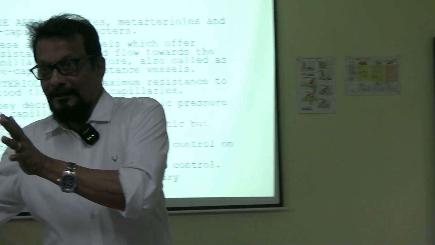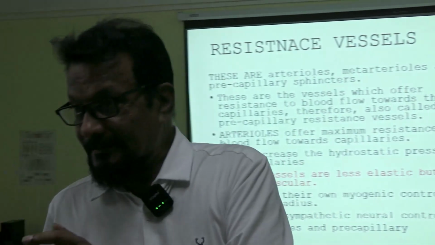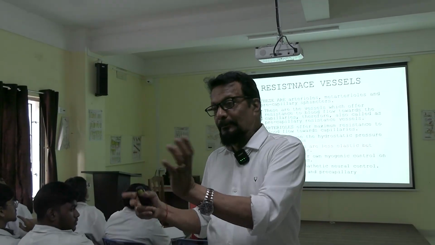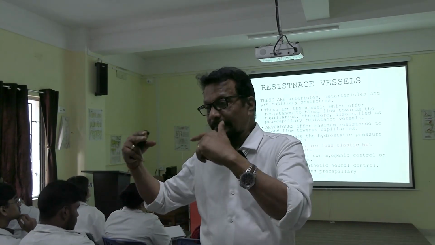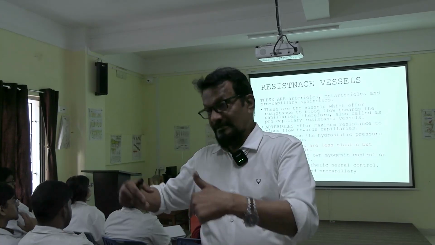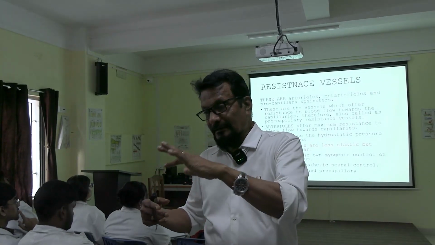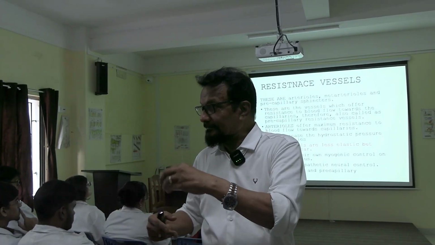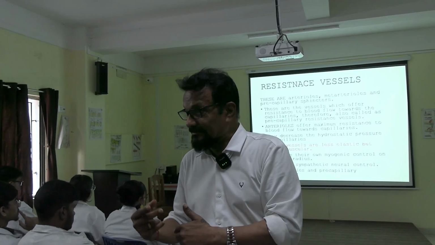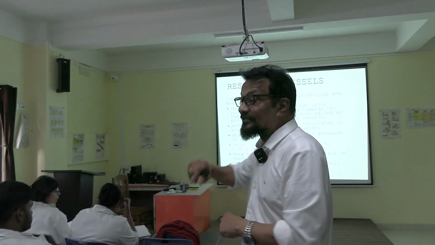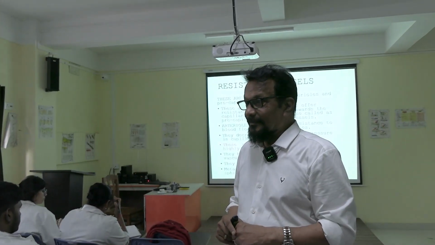After the aorta, the branches of the artery will have this property. They have a thick layer of muscle coat. They are able to contract and relax, thereby increasing or decreasing the resistance. That's why they are called resistance vessels.